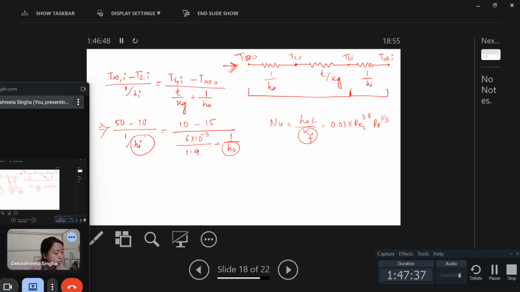So Kf by L into 0.03 into Re_L, which is L into V divided by nu, to the power 0.8, Prandtl number to the power 1/3.